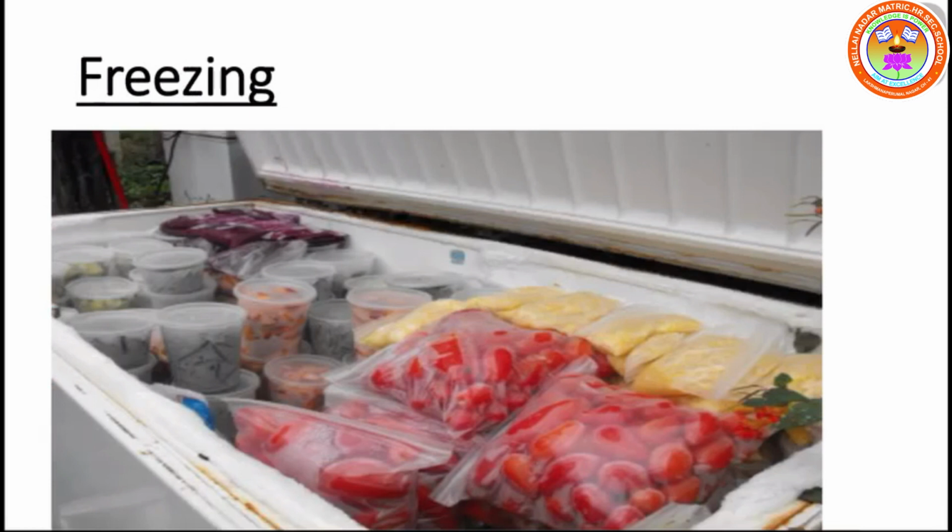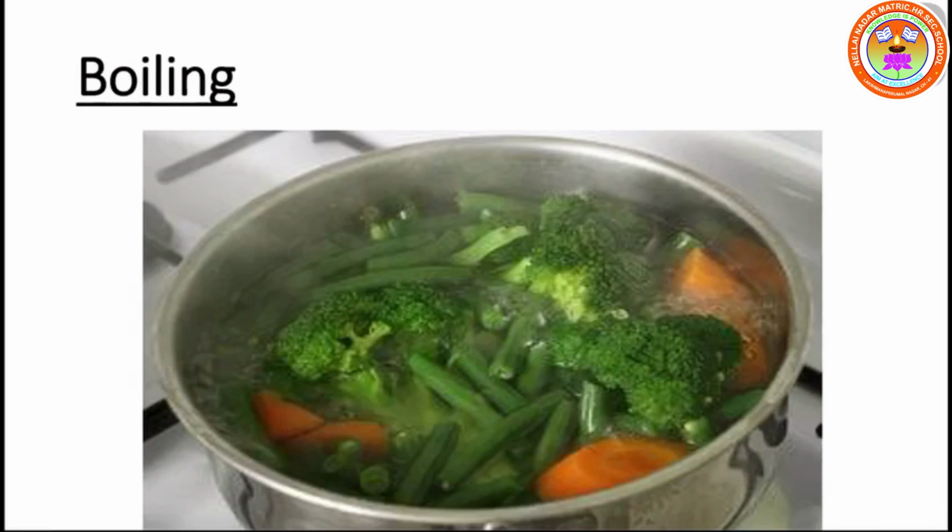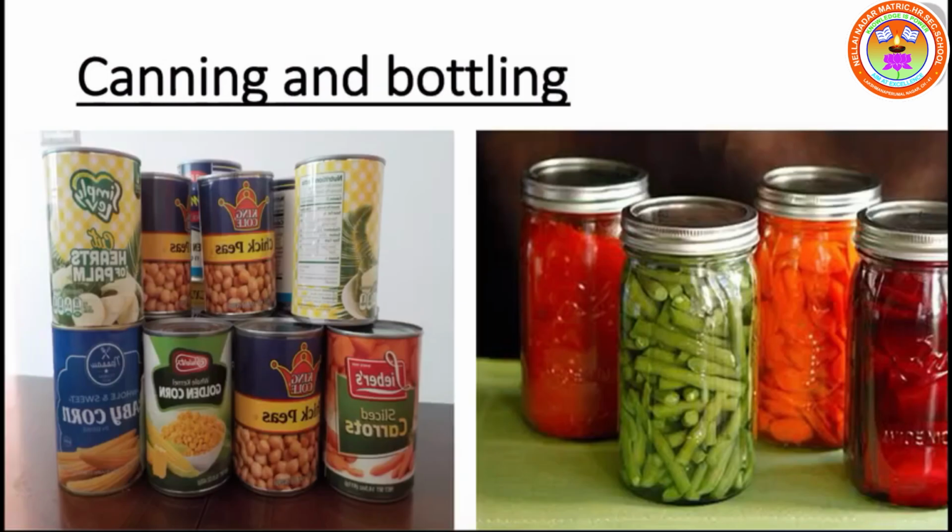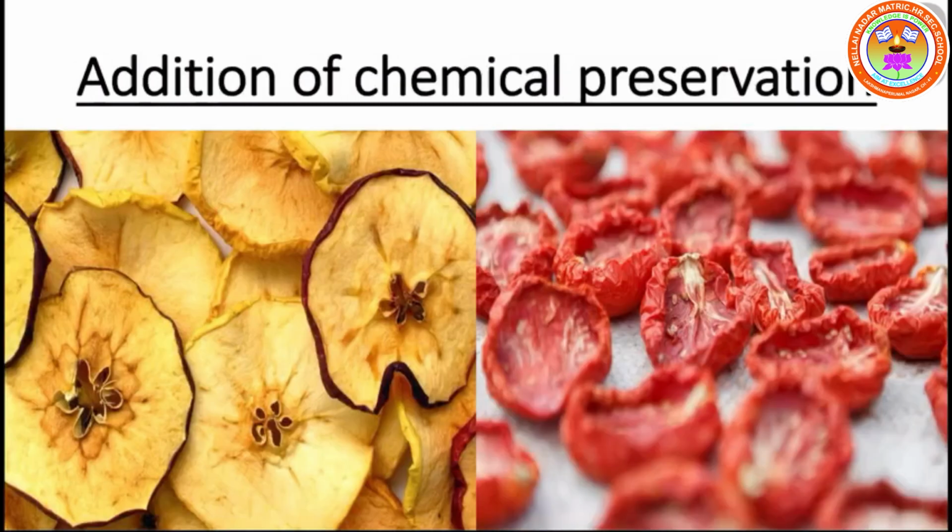Freezing. The microbial growth and the enzymes activity on the frozen food items can be prevented by this method. Example, fruits, vegetables. Boiling. It kills the microorganisms present in the food materials. Example, milk, water. Canning and bottling. In this method, food is packed in airtight cans so that germs do not grow on them.